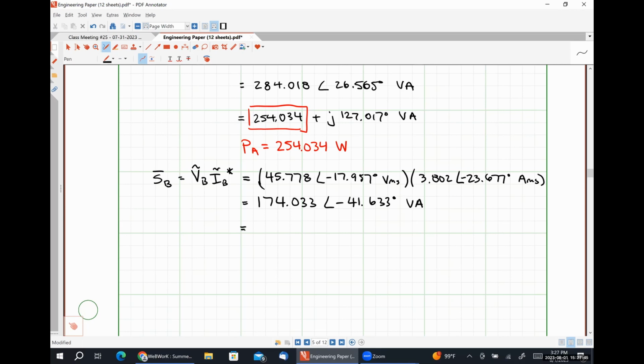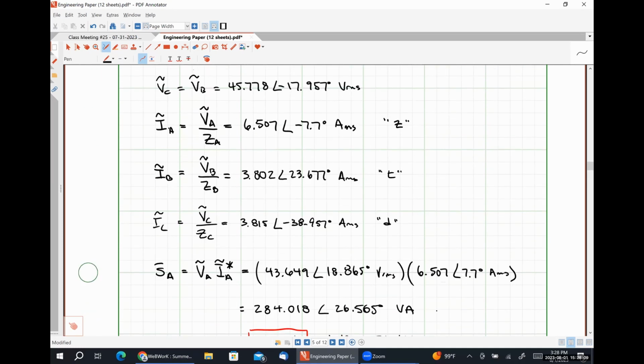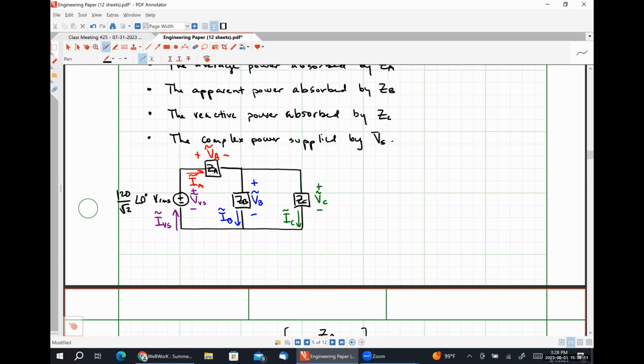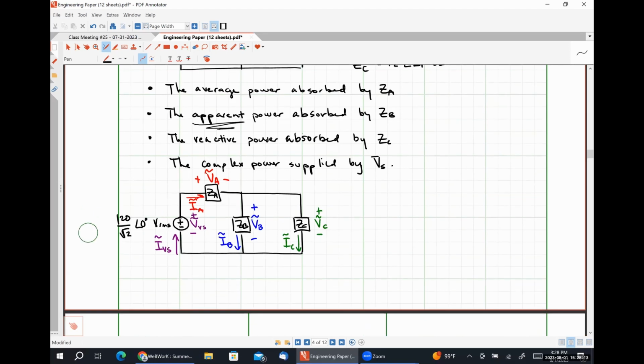And in rectangular form, this looks like 130.074 minus J 115.621 volt amperes. So we were asked to find the apparent power.